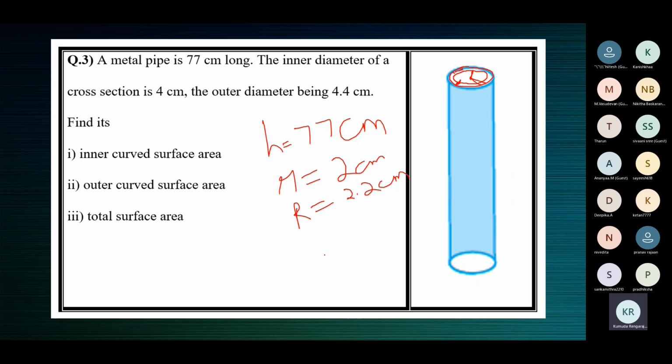Please go back to that page and read from the page. Please tell me the formula to find the inner CSA, outer CSA, and the total surface area. You can see it under the heading cylindrical shell, hollow cylinder or cylindrical shell.